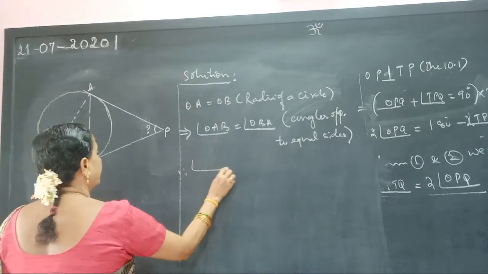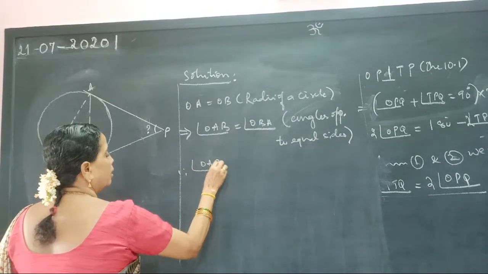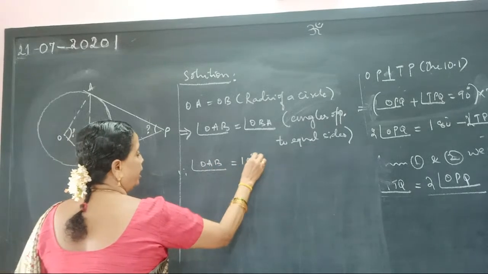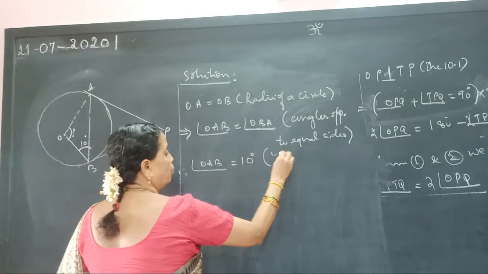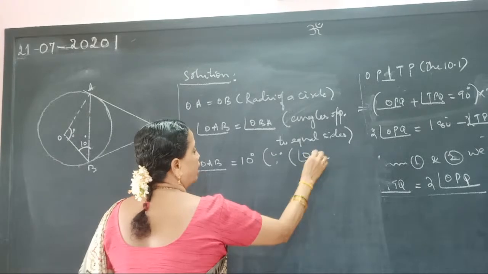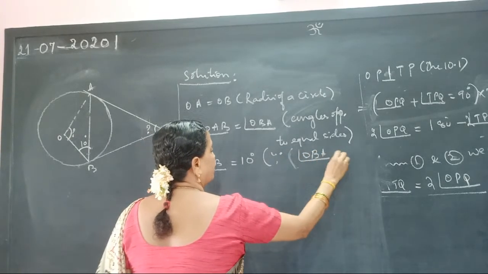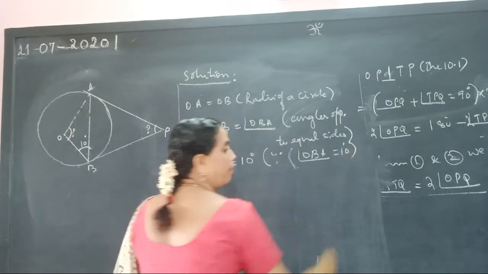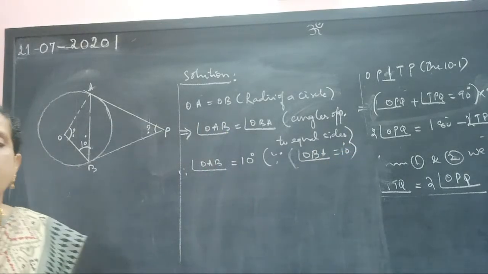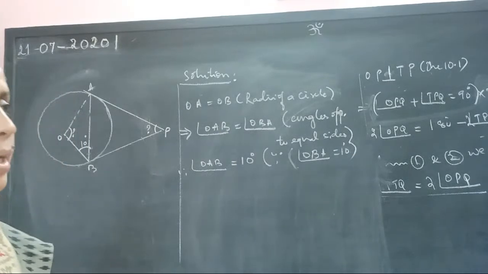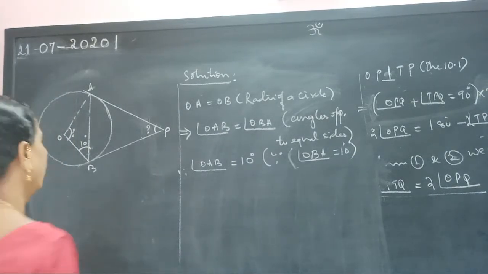Therefore, angle OAB equals 10 degrees. In the bracket you write, since angle OBA equals 10 degrees. After showing each 10 degrees, now apply the angle sum property.